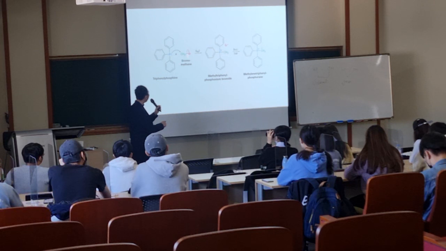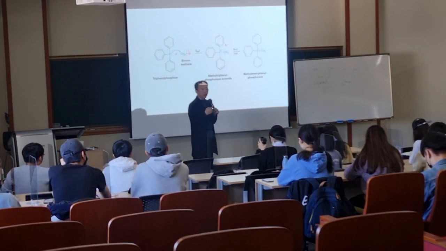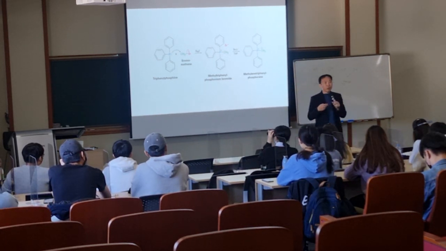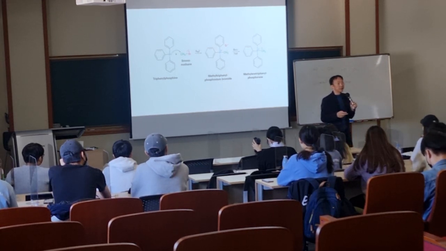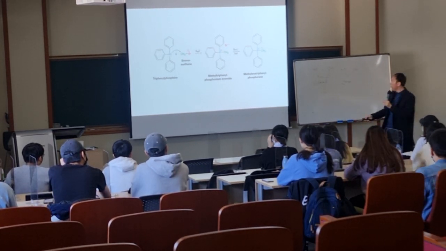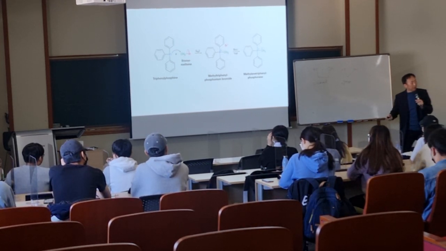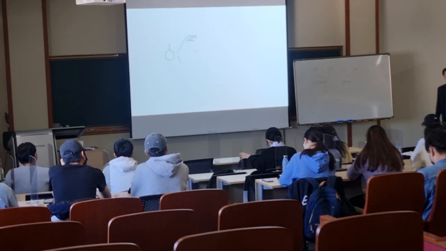SN2 reaction happens, and then the polarity is changed. In your textbook, I couldn't find the term, but when I learned it, it was called changing polarity, umpolung. It's maybe a German word. So we change that polarity from positive to negative, from electrophile to nucleophile. Okay? Then that reagent reacts with this carbon.